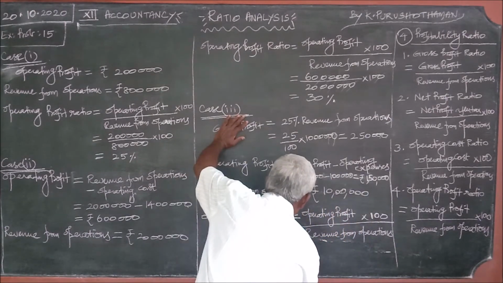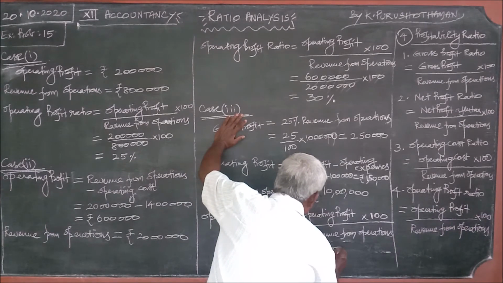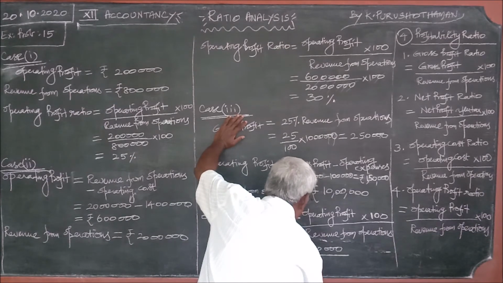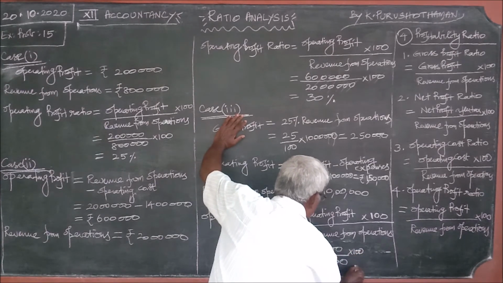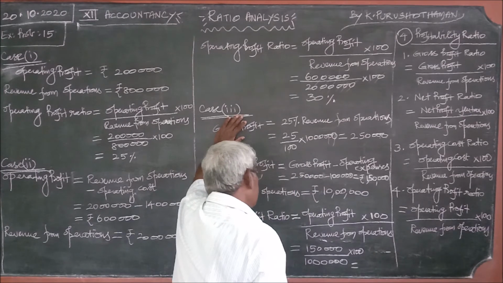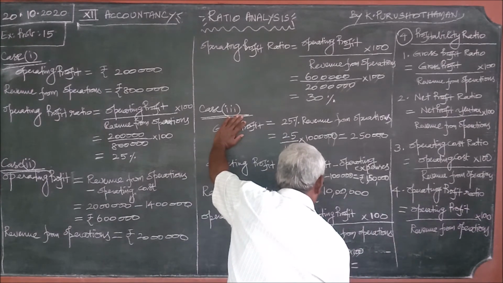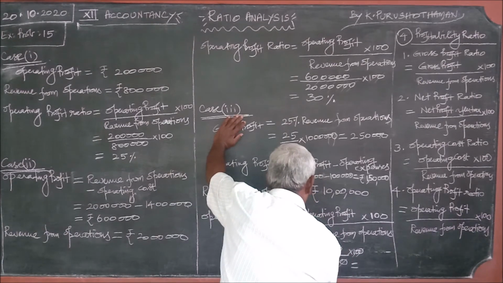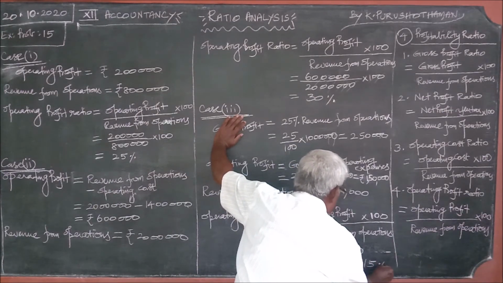Therefore, we can find that this is equal to 1,50,000 by 10 lakhs into 100, which is equal to 2 zeros cancel, remaining 4 zeros. 15 by 1, it is 15%.